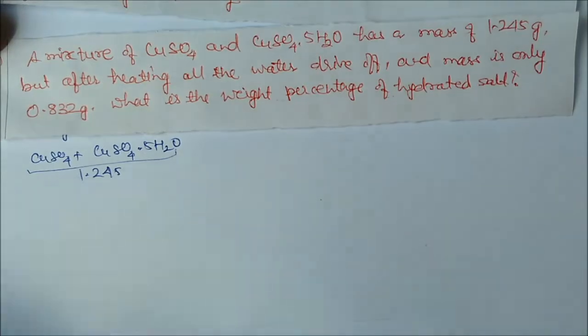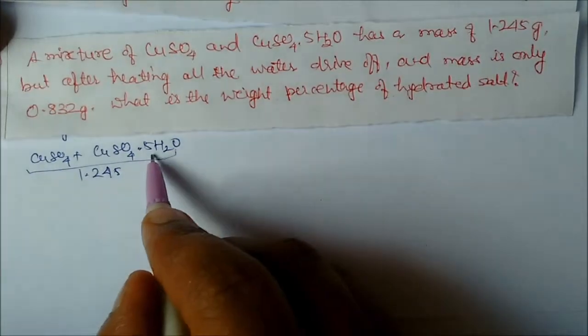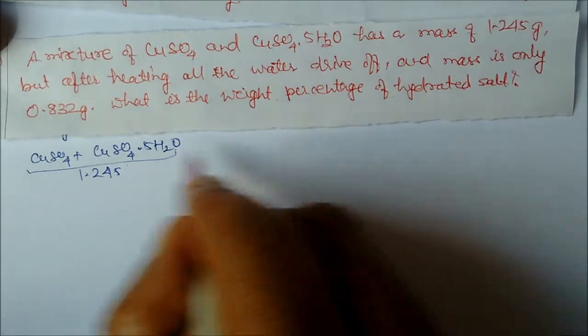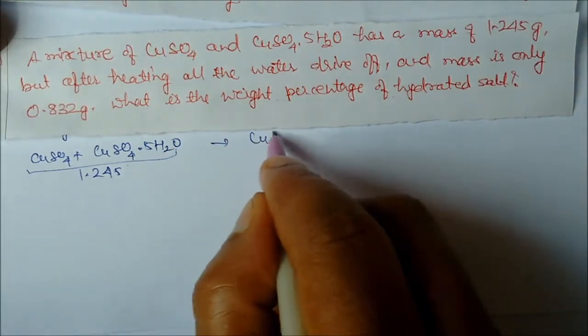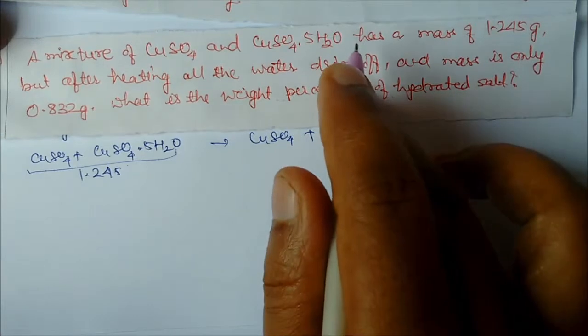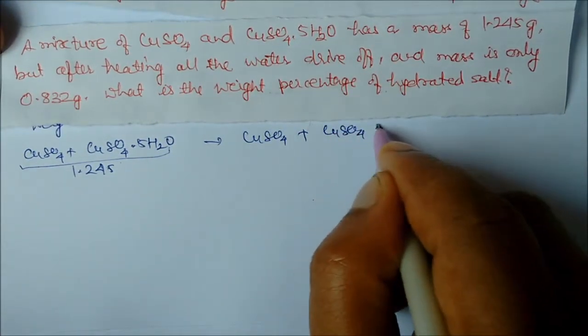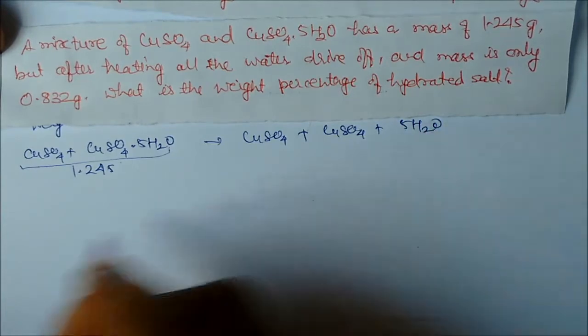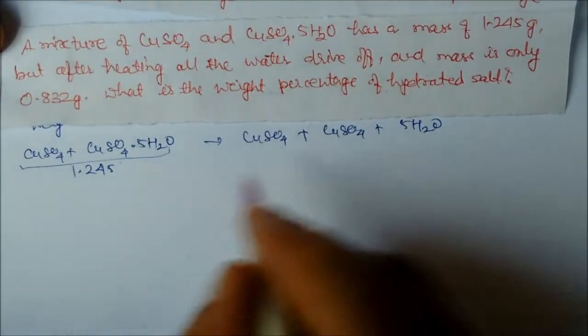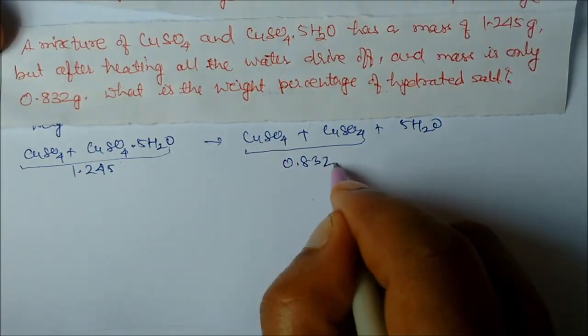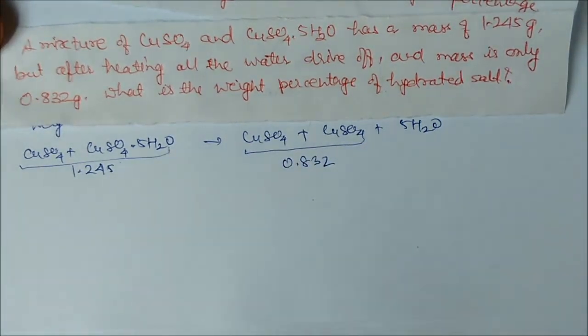1.245. Okay, so on heating this will lose water, this will not lose water, this will only lose water. So this becomes CuSO4 plus 5 molecules of water. On heating the mass left is 0.832.